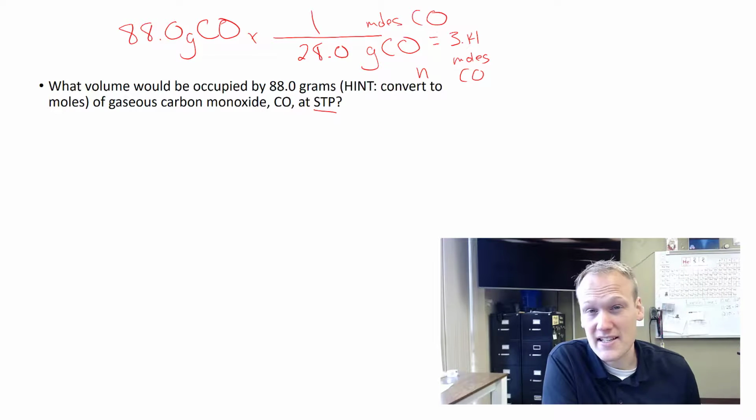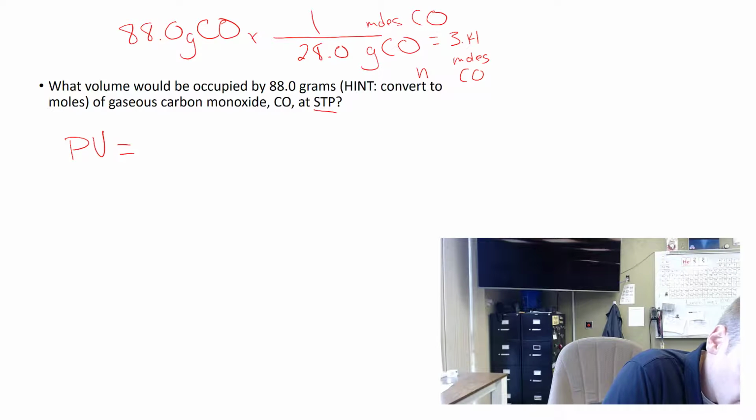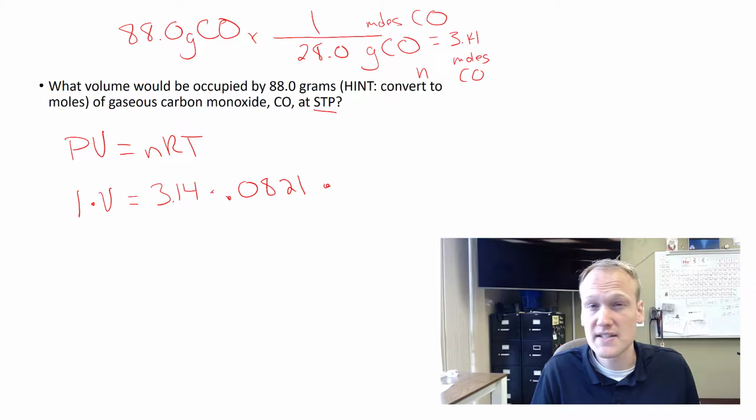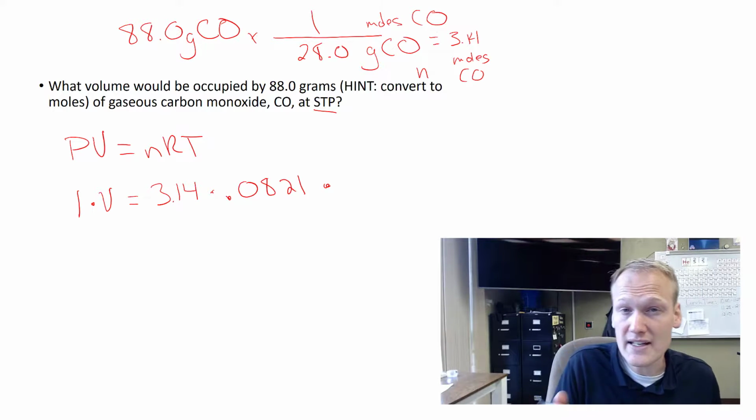Now we have to deal with STP. So let's write out PVnRT. Standard pressure is 1 atmosphere. We do not know volume. We just calculated our number of moles to be 3.14. R is always 0.0821. And standard temperature is 0 degrees Celsius, which is 273 Kelvin.